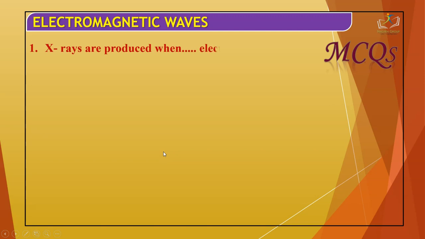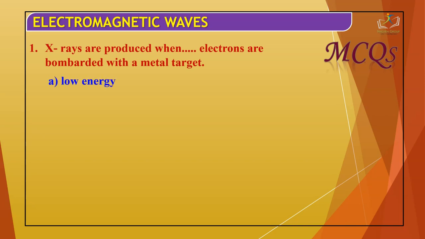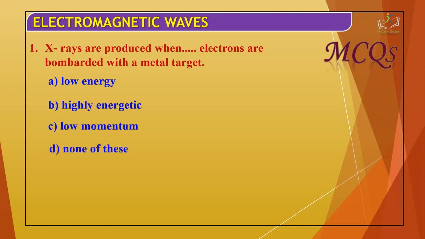Now some questions. X-rays are produced when dash electrons are bombarded with a metal target. Low energy, high energetic, low momentum, none of these. The correct answer is high energetic.